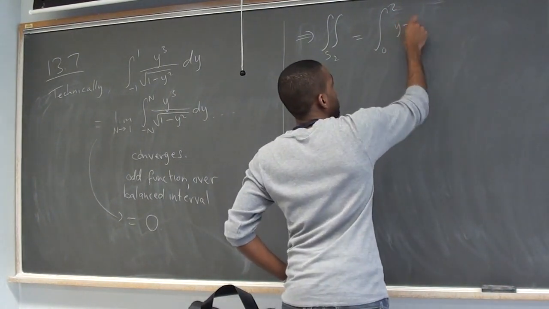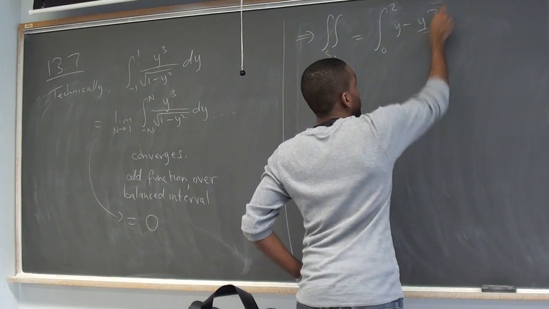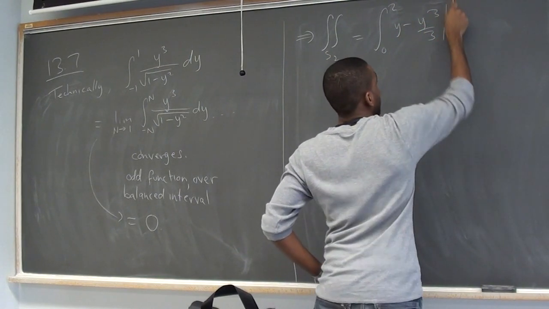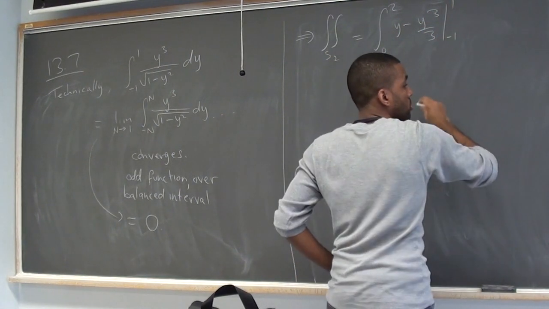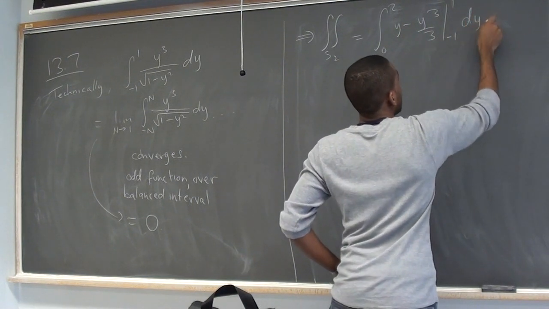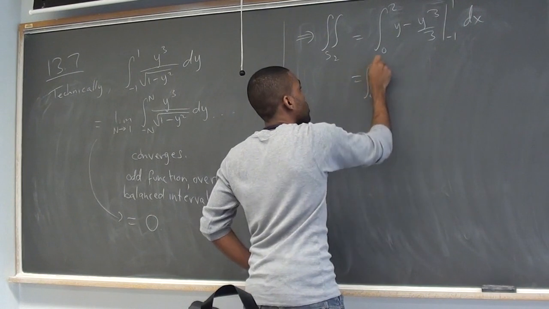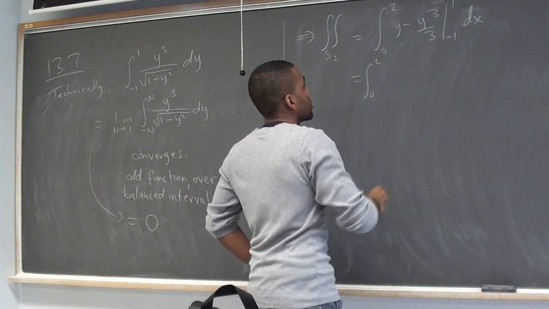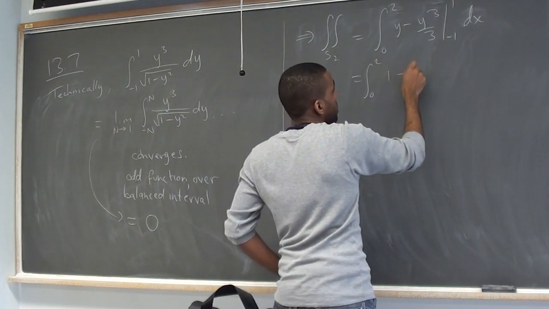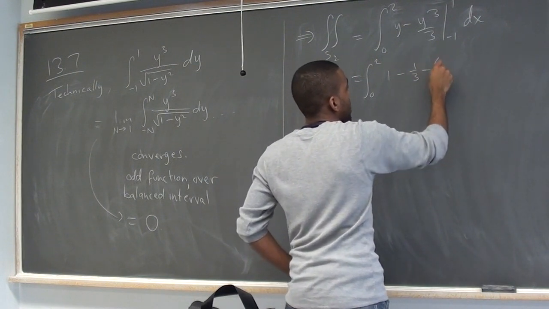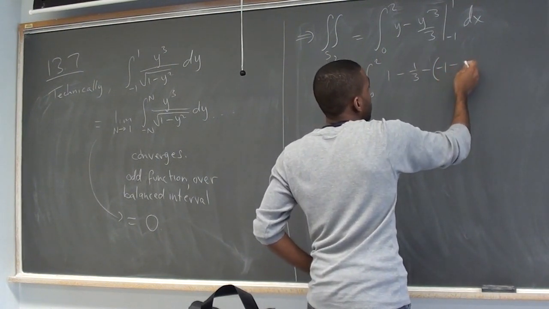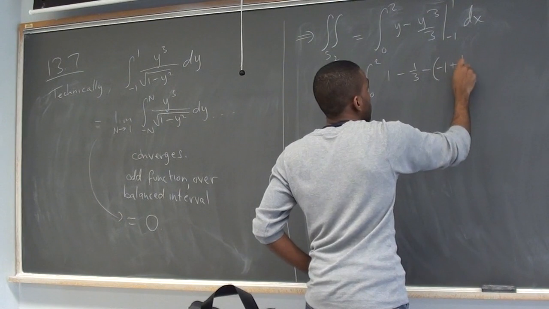So this is just y minus y cubed over 3 between minus 1 and 1. So then this would be 1 minus a third, minus minus 1 plus a third.